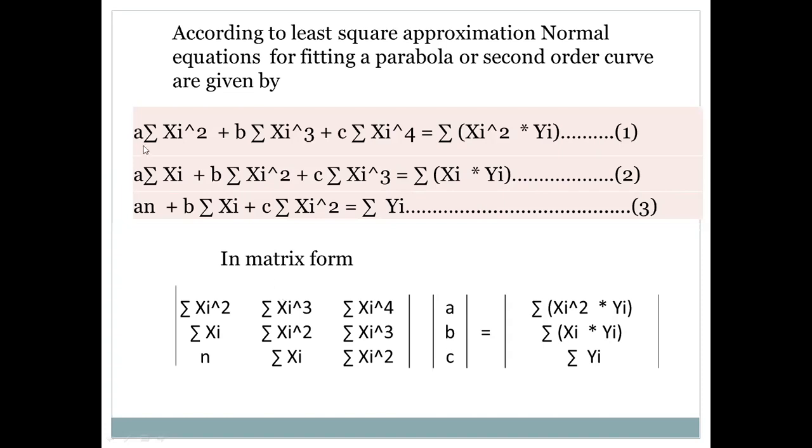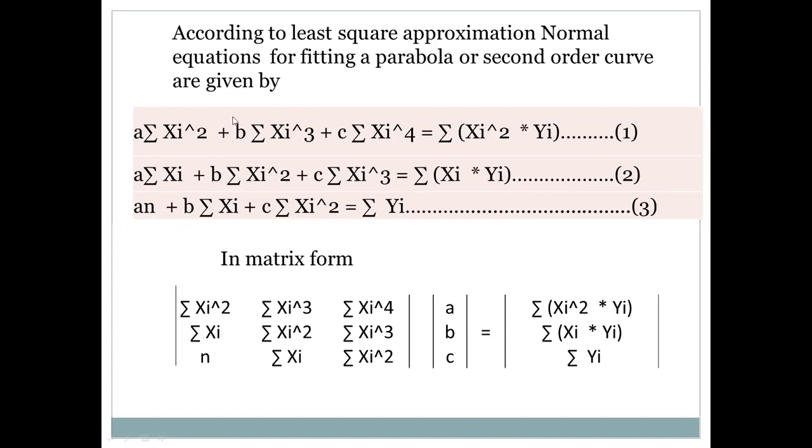Now here you can observe the A coefficient is multiplied by sum of xi square, sum of xi and n, that is the number of data points. So here our first column, which is multiplied by A, is sum of xi square, sum of xi and n number of data points.